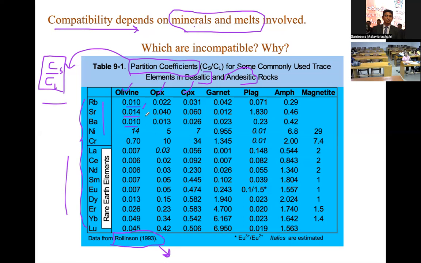Because in different systems, the amounts of these elements which can partition is different, based on the composition. That's why, because the composition in the solid and composition in the liquid matters for calculation of the partition coefficient, right?